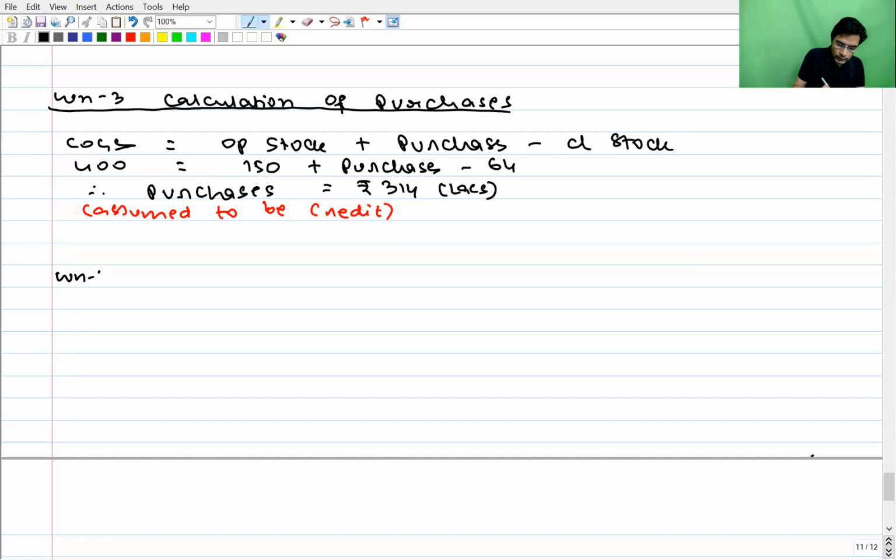Working note 4, creditors account. The objective of this account is to find out the payment made to creditors. So balance brought down. We have already determined the opening balance of creditor in working note number 1.